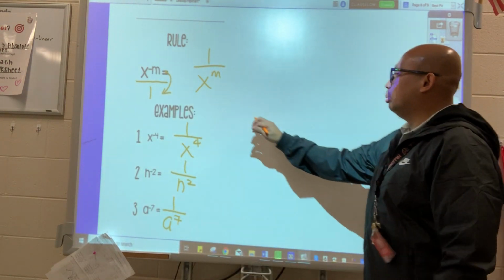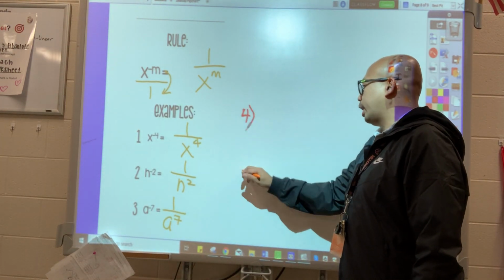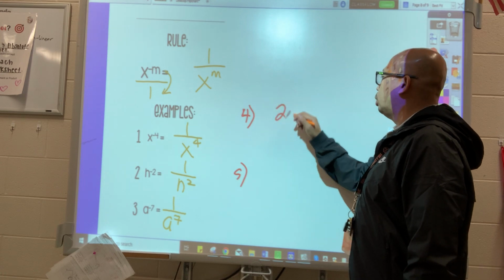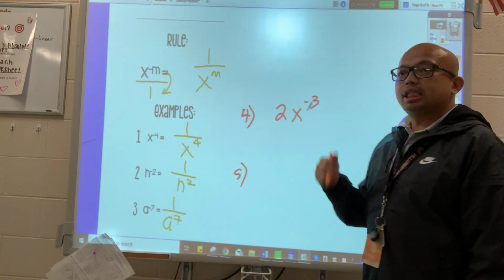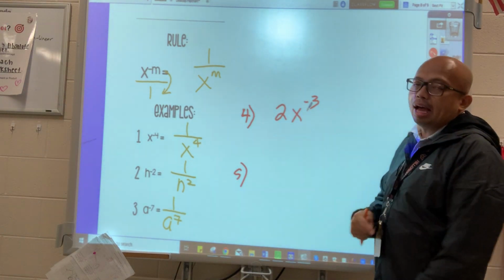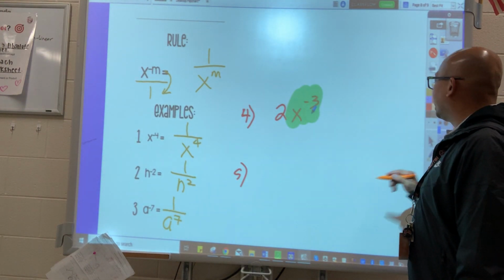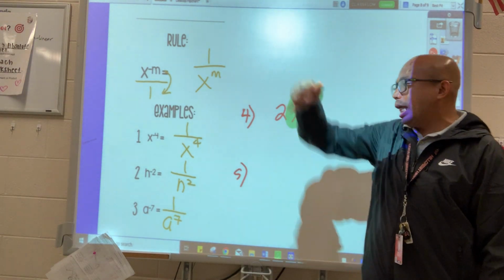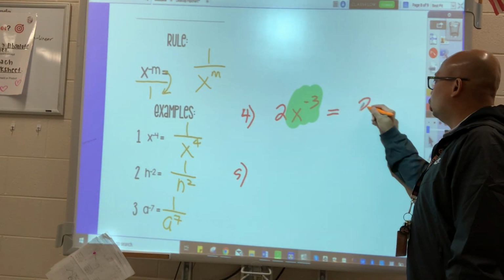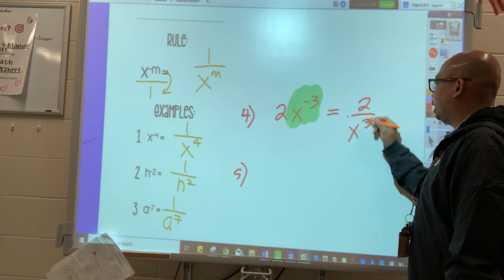A challenging problem will be like this. Watch me here. Numbers 4 and 5. If I have 2x^-3, is this a simplified form? No, we cannot have a negative exponent. So this portion here in green has to go down. So the answer here is 2 over x^3.